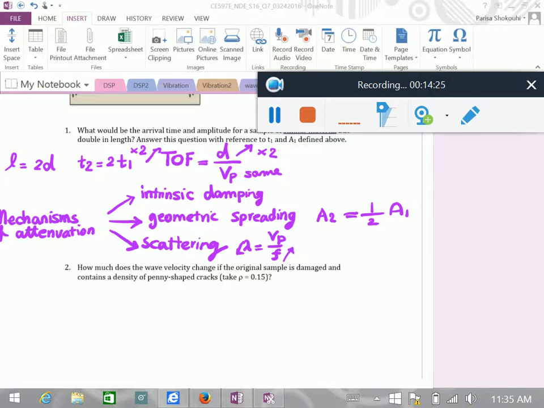So the question is, how much does the wave velocity change if you damage the original sample? That means the length is d, and you have a density of penny-shaped cracks. I give you this density parameter to be 0.15.